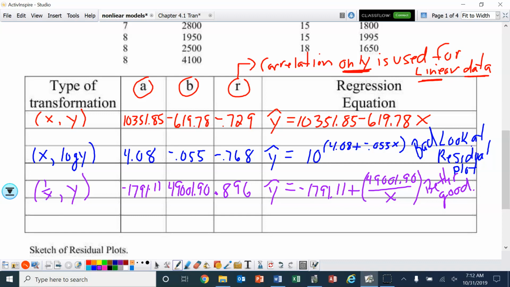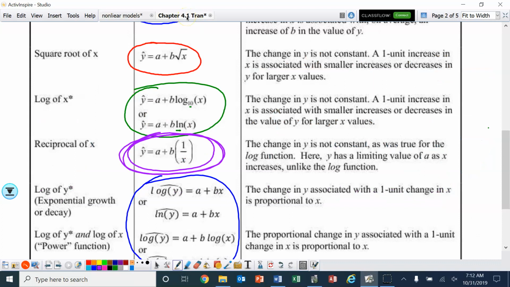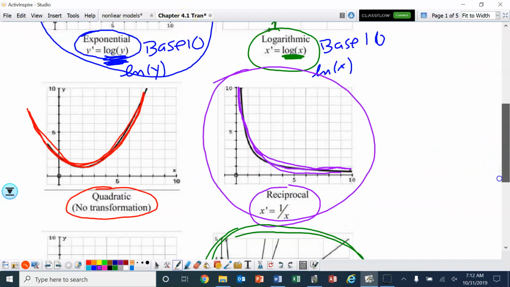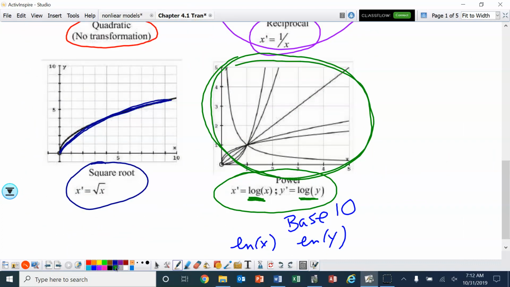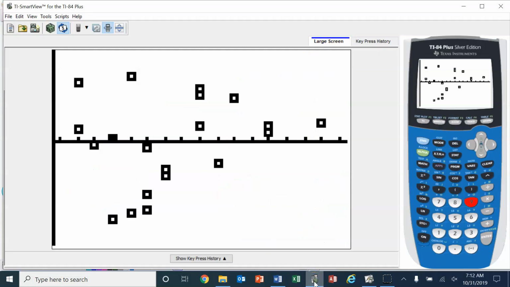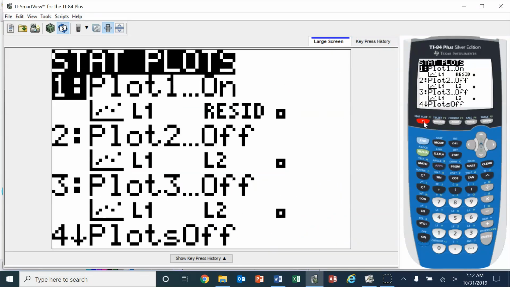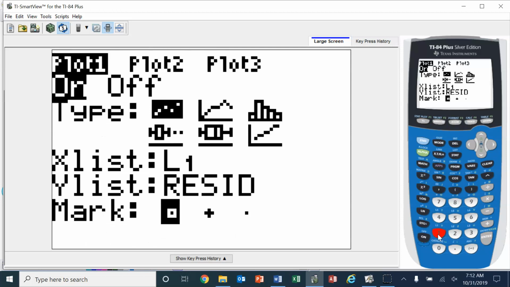Okay, the other curved line that we want to look at is with the power, this one. So we're going to take the log of x and the log of y, because we can see we've got a curved line right here that it kind of matches. All right, here we go. So I'm going to go back to my stat plot, and I'm going to put this back to normal first. So I'm going to put L2 back in my Y list.